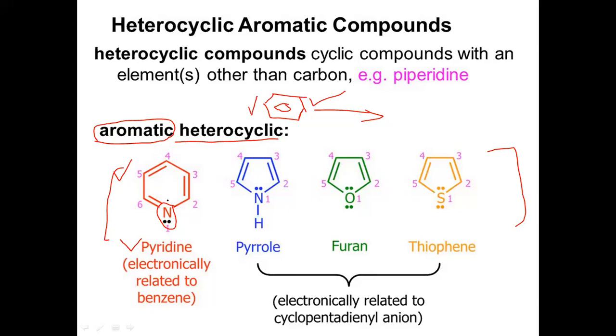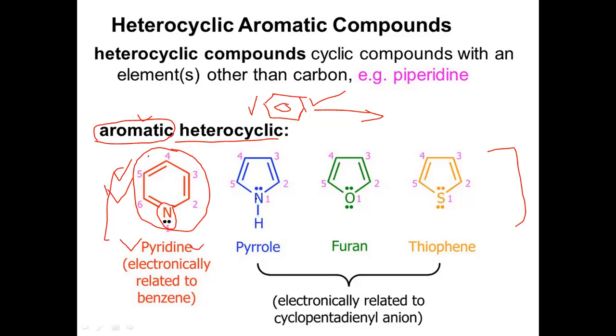Likewise to benzene, pyridine also shows delocalization of 6 pi electrons through the pi bonds, so it follows Huckel's rule and behaves like an aromatic ring. But there is nitrogen rather than carbon, so this structure is known as an aromatic heterocyclic compound, and its name is pyridine.